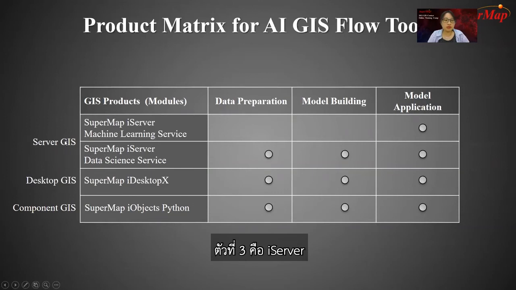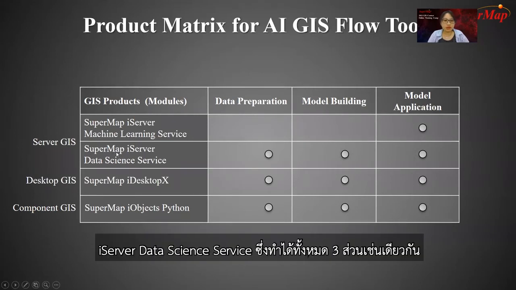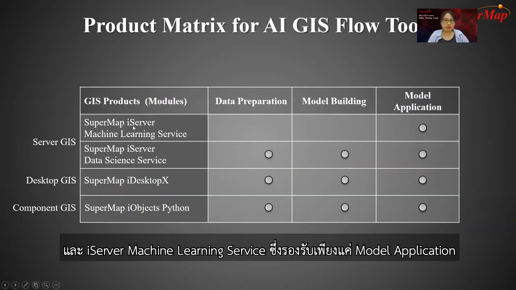And the third one is the server. It provides 2 types of services. The first one is the Supermap iServer data science service, which can achieve these 3 workflows. And the Supermap iServer machine learning service has the capabilities of model application.